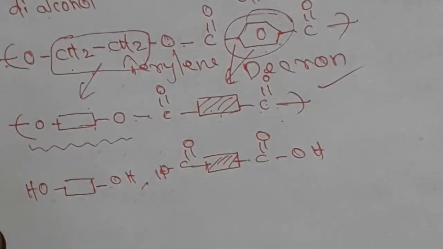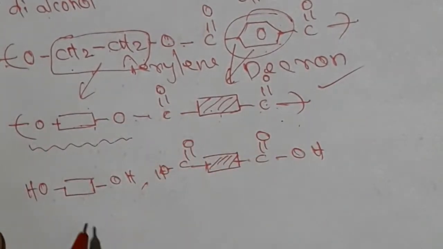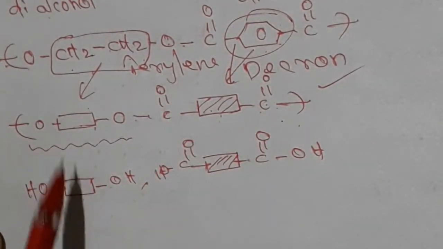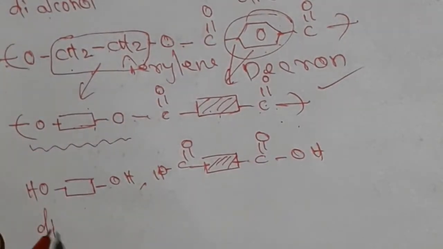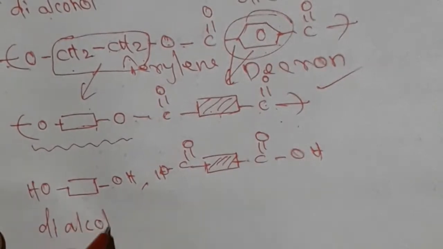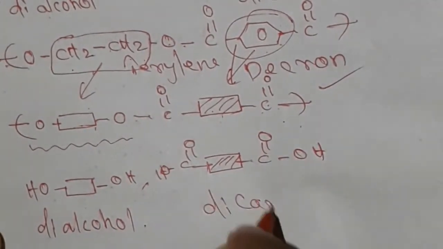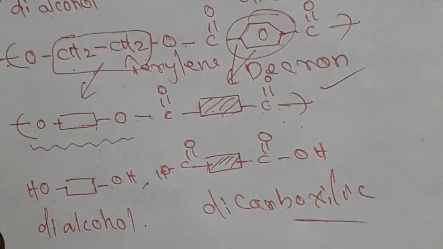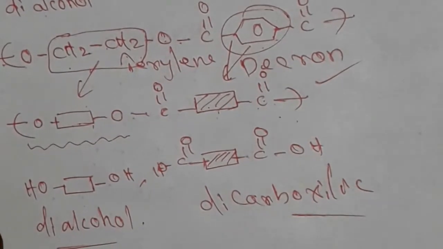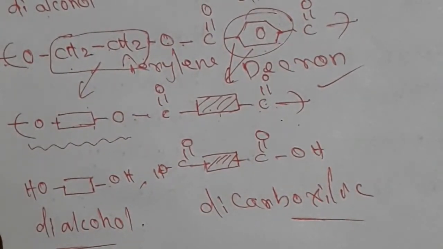Sometimes in past papers you can see this type of structure, and from the structure you have to draw the structure of the monomer. So this is dialcohol, and this is dicarboxylic acid. You can answer this type of question this way.